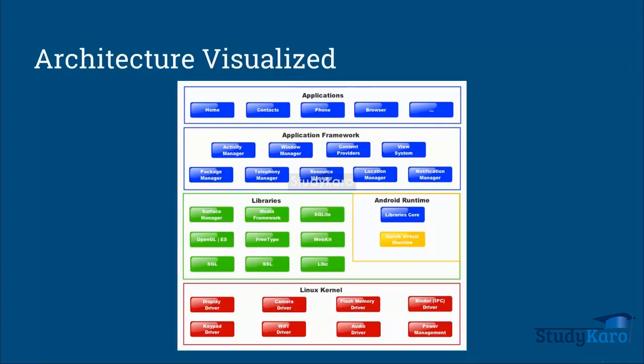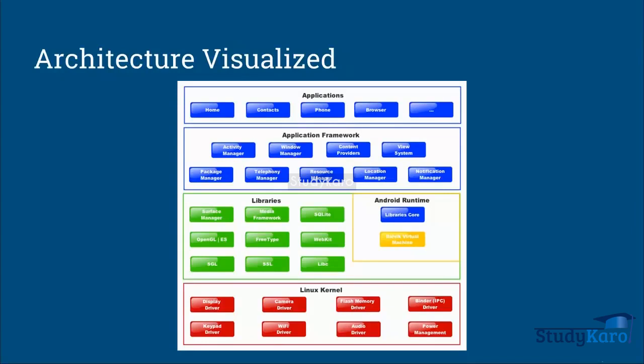Right above that we have the libraries that we talked about, which are libraries that have been proven and tested and are included with Android. So we have OpenGL, WebKit, that's the green portion. To the right of that is our Android runtime. That's the runtime that, as I said, is optimized for low power and low memory situations, right?